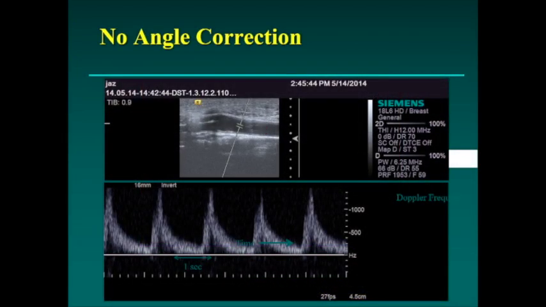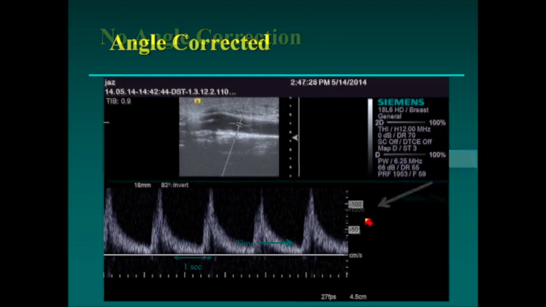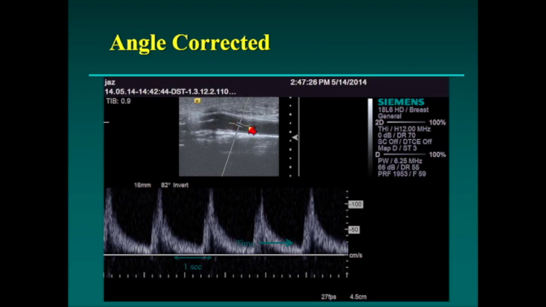Here's a couple more examples of how important angle is. This is a measurement of the carotid without any angle adjustment, and you can see this is over 1,000 centimeters per second, which would certainly get anyone's attention. But if you put the angle correction on, it is something closer to 100, which is much more reasonable.